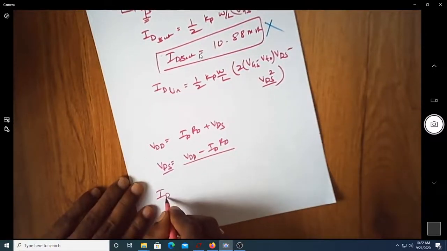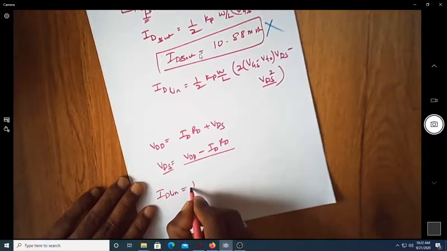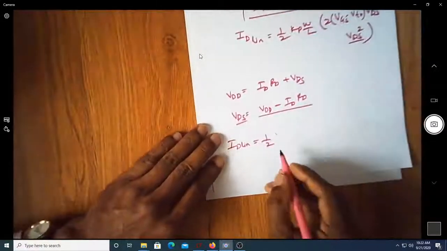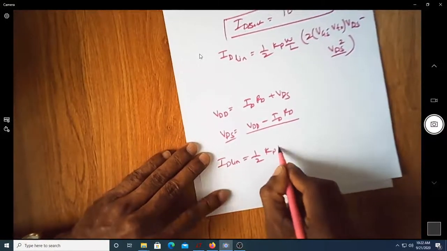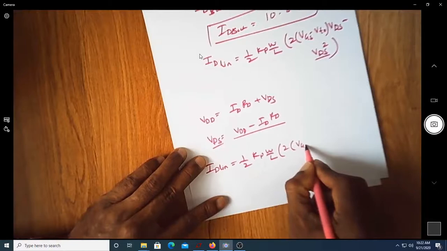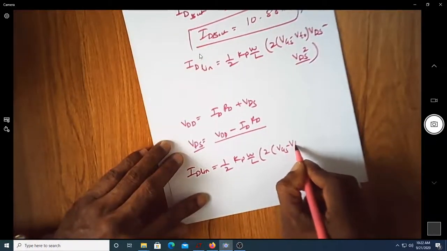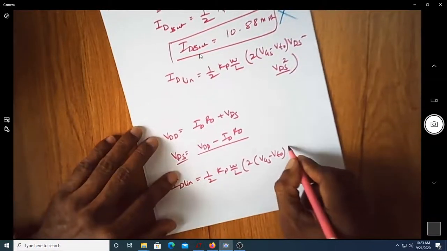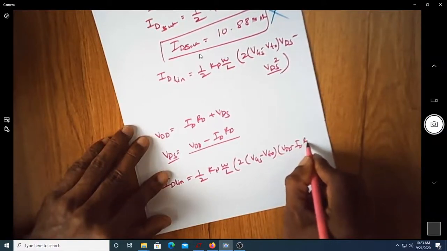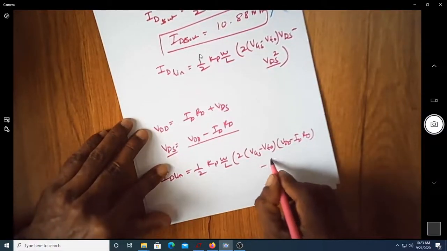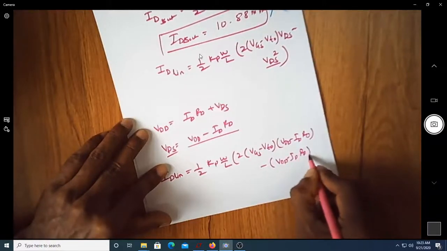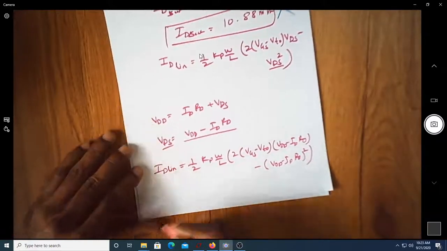So you have ID linear is equal to half Kp W by L, 2 times of course VGS, which we know as 1.8, VTO also we know 0.4, then VDS now is equal to VDD minus ID into RD, minus (VDD minus ID into RD) whole square.